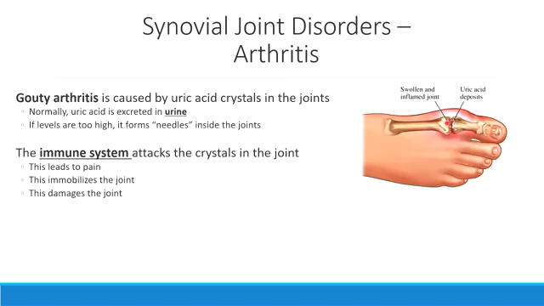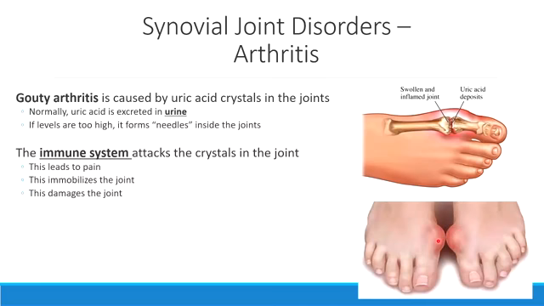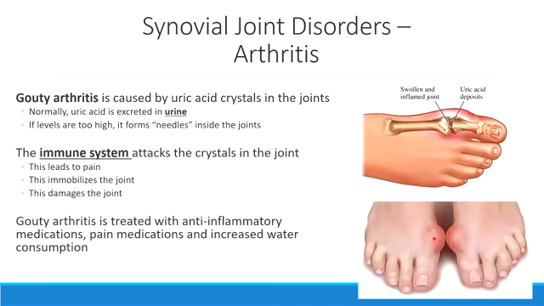You'll see those deposits that then cause swelling around the site where we have an immune reaction going on. Just like we saw with rheumatoid arthritis, we're going to try to treat that with anti-inflammatories. And uric acid can get high if you don't drink enough water, so you can drink a little more water to try to offset that.